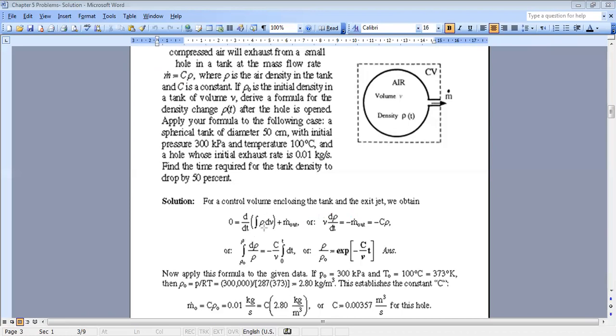Now, when I say integral of rho dV, rho is not a constant, but rho is varying only with time, not with space. This means that at a certain time the density is the same everywhere in my volume.